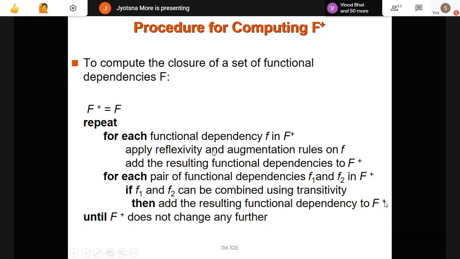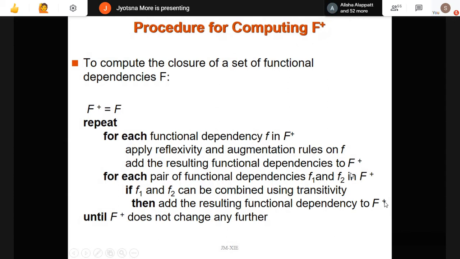Apply the reflexivity and augmentation rules if those are possible. If with that you are getting some new functional dependency, add that functional dependency into your F plus. That was for individual functional dependencies. Then for each pair of functional dependencies, apply the transitivity if it is applicable.